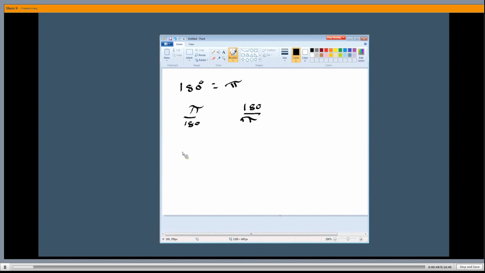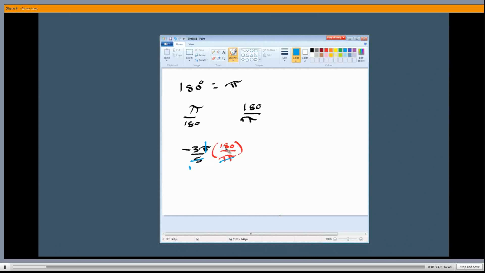So for instance, if we have negative 3 pi over 5, and we want to find out what that is in degrees, we're going to multiply that by 1. We're just going to call our 1 whatever it would be with the pi in the denominator, so the pi's cancel. Pi over pi cancels out, and 5 goes into 180 36 times, so 5 goes into 5 once.